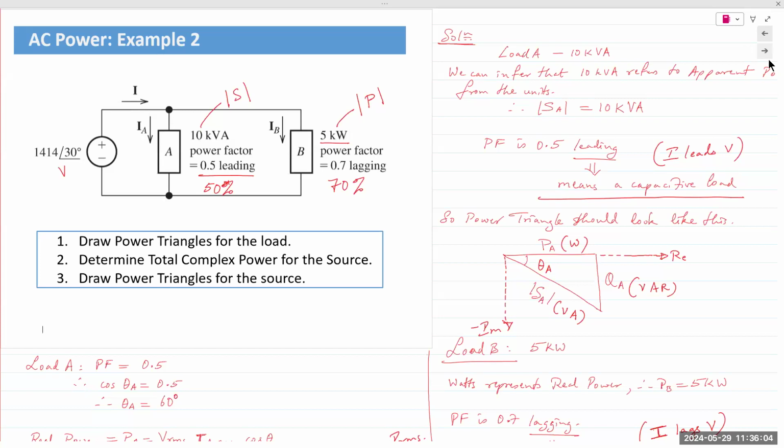Okay. As engineers, and I repeat this phrase all the time, you should be detail oriented. You should look at the problem statement and extract as much information as you can. In here, the information is kind of buried in the units and also in the words leading and lagging.